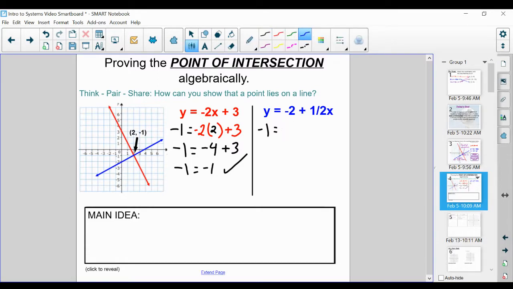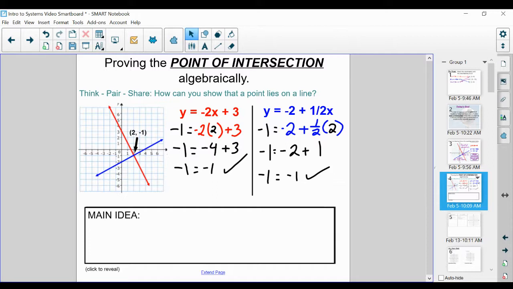Pardon me. Our x value was 2. Half of 2 is 1. So when we simplify, we get -2 plus 1, which is -1, which is also true, which means that 2, -1 also lies on our blue line, which when we plugged into the blue equation, gave us a true statement.